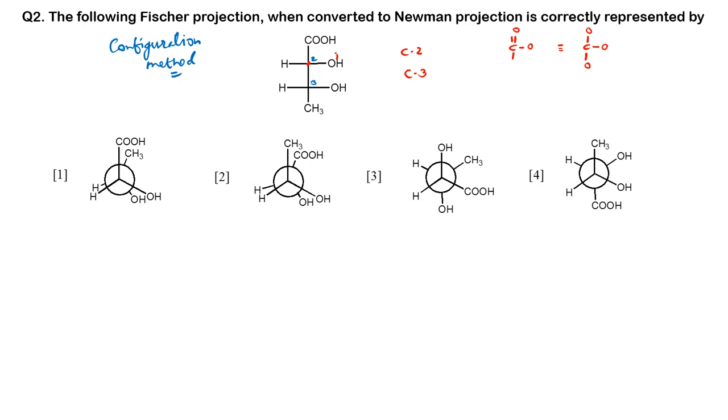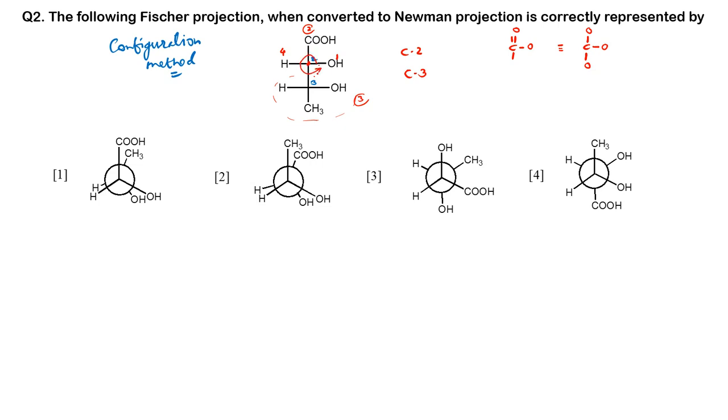So the COOH will be as good as attached with three oxygens. So this will get the second priority, and this group will get the third priority, and the hydrogen will be the fourth.